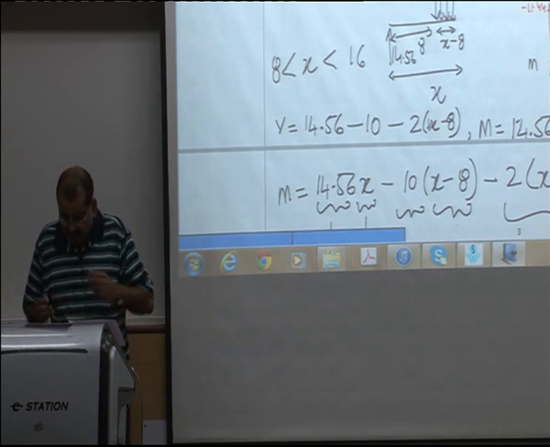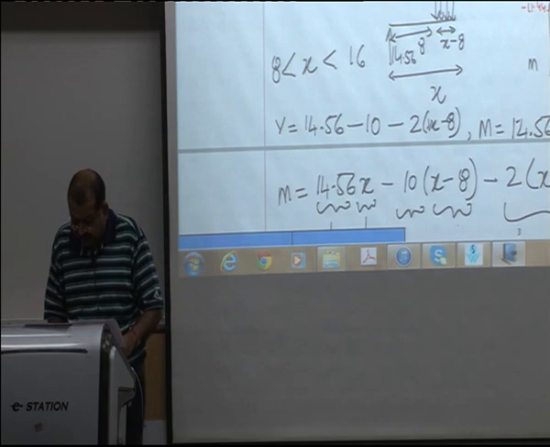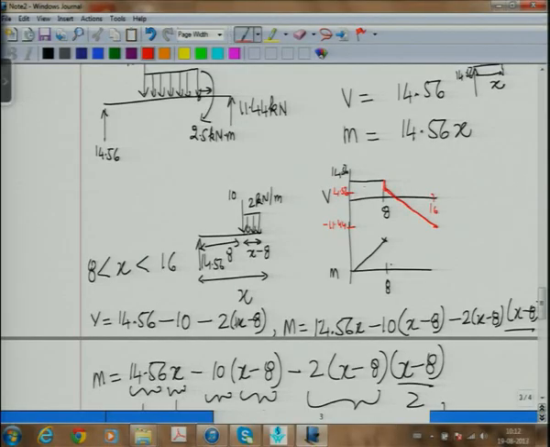Now what about the bending moment? The area under the shear force curve gives us the bending moment. Then what you find is the shear force is becoming 0 at this point. You can work out the magnitude at this point. The bending moment curve is a quadratic equation, with x squared, x and constant.